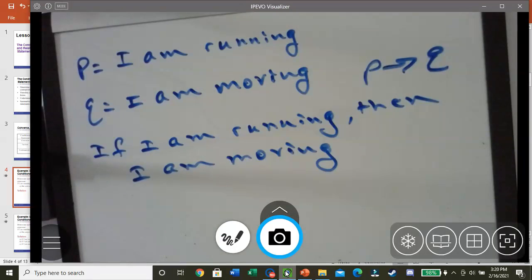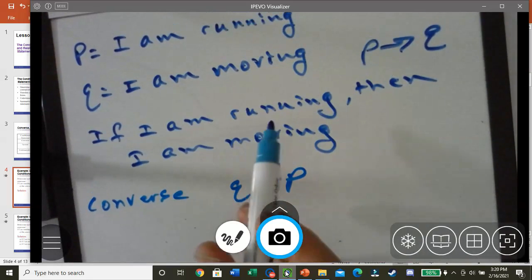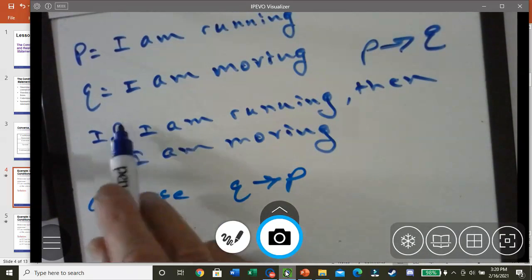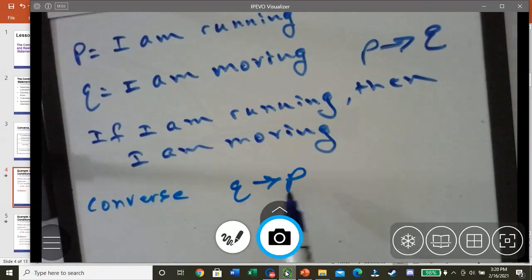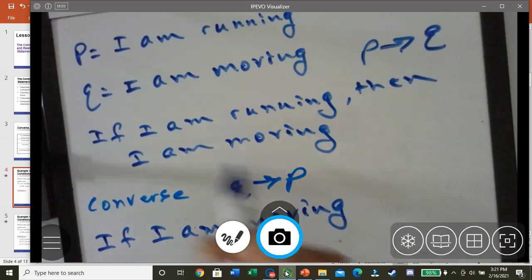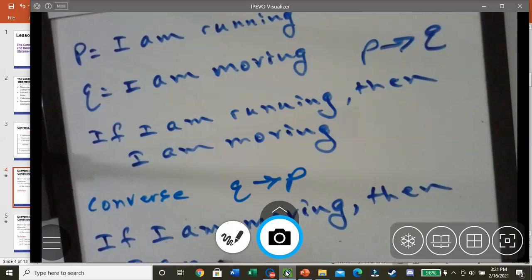So the converse to that is if Q then P. Since Q is I am moving and P is I am running, then you're going to write if I am moving, then I am running.